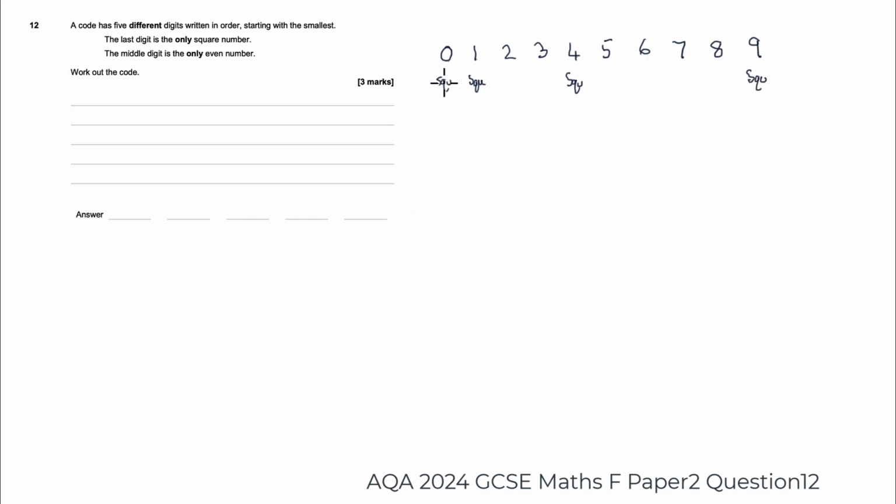So 0 times 0, 1 times 1, 2 times 2, 3 times 3. There's 4 square numbers there.